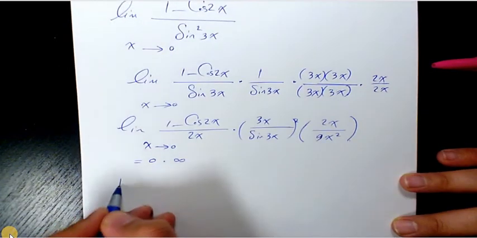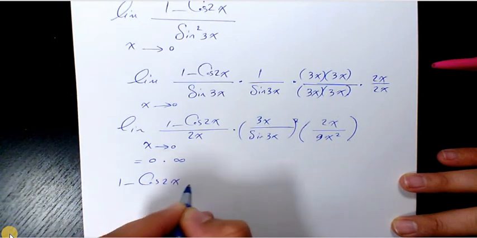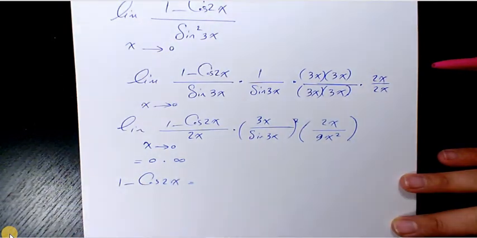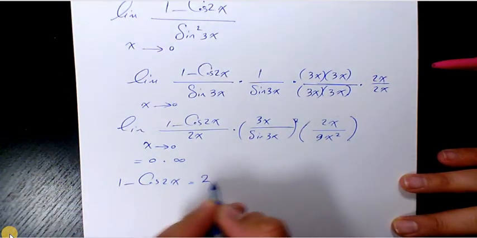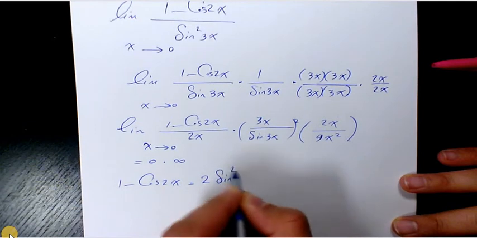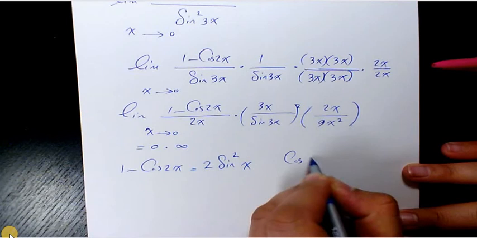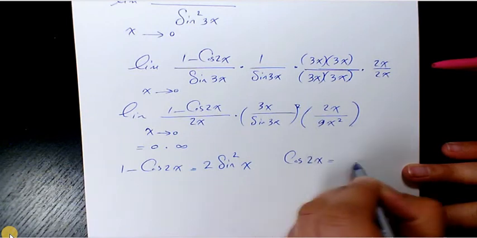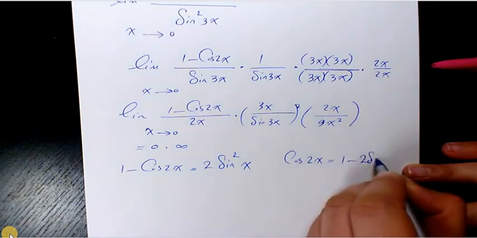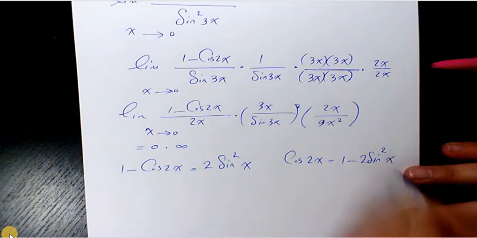We know 1 minus cosine 2x equals 2 sine squared x. Why? Because cosine 2x is 1 minus 2 sine squared x.